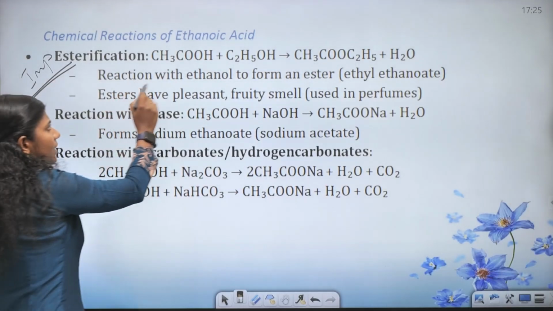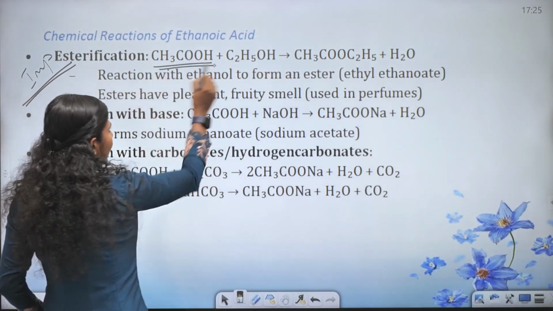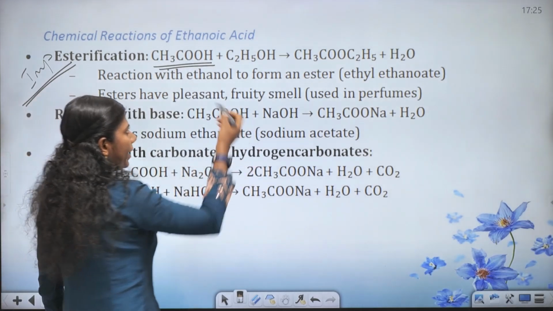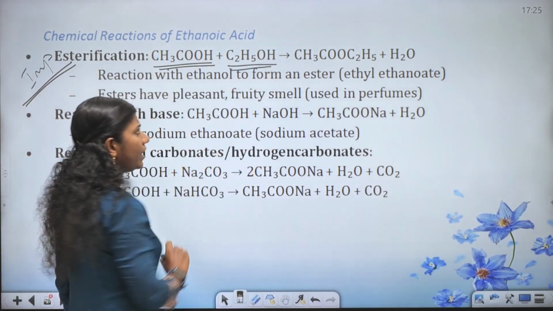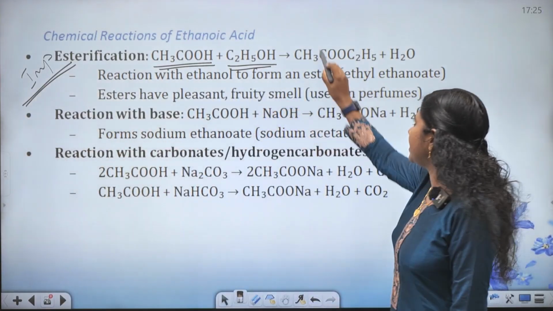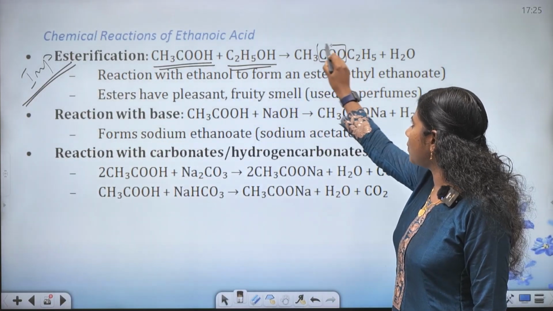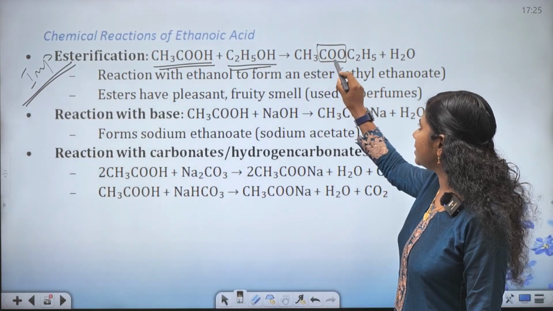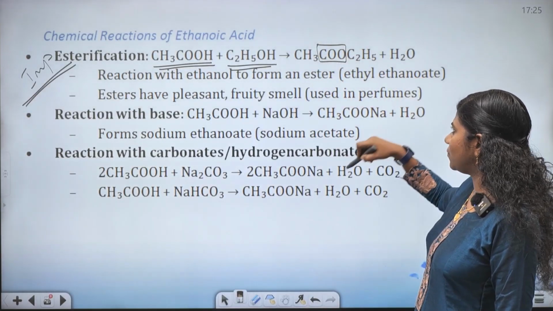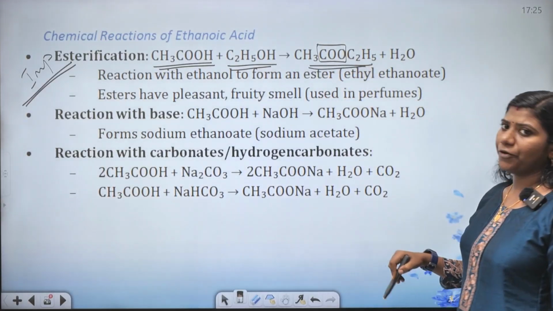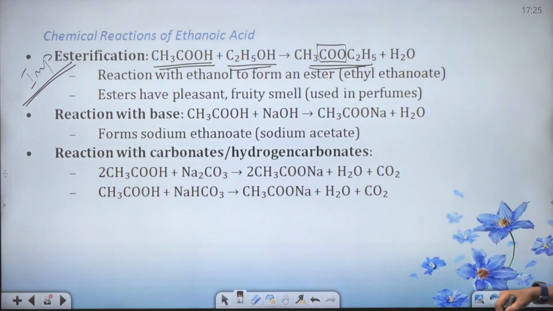CH3COOH, acetic acid or ethanoic acid, reacts with C2H5OH, ethanol, to form an ester. An ester contains a COO group. CH3COOC2H5 is formed. This is ethyl ethanoate. CH3COOC2H5 plus H2O.